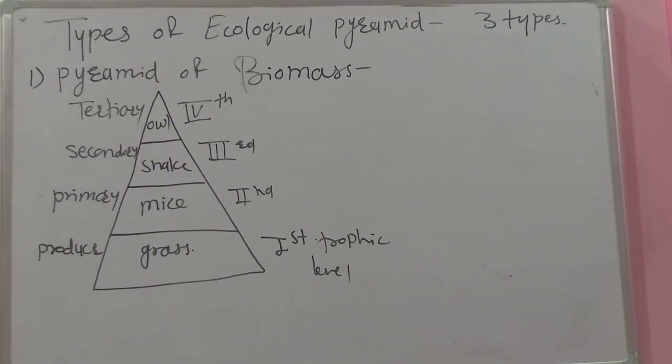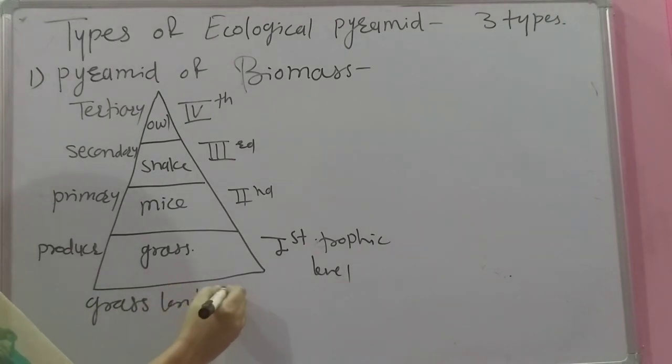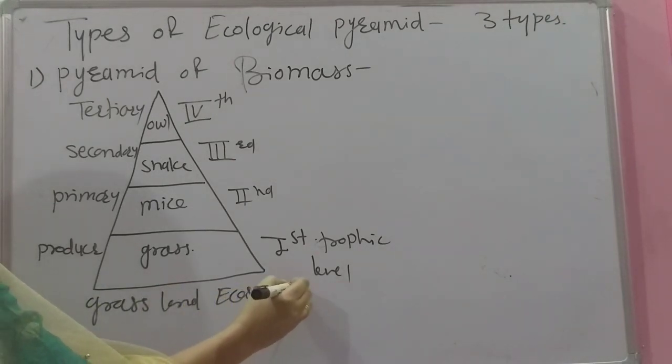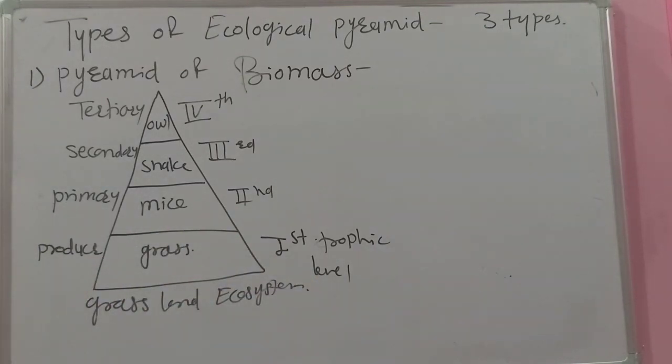This is a food chain in the grassland ecosystem. Another food chain: for example, grass, on this grass the mice depend, the snake depends on the mice, and then the owl depends on the snakes.